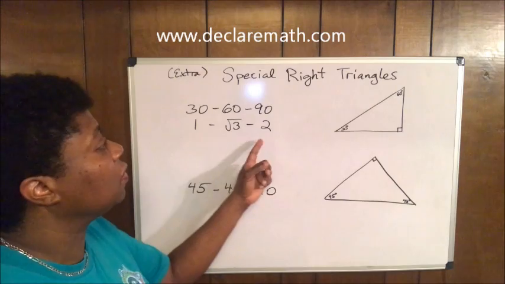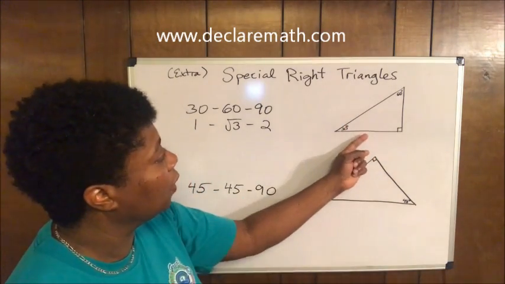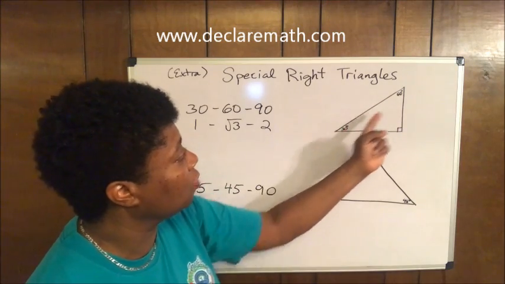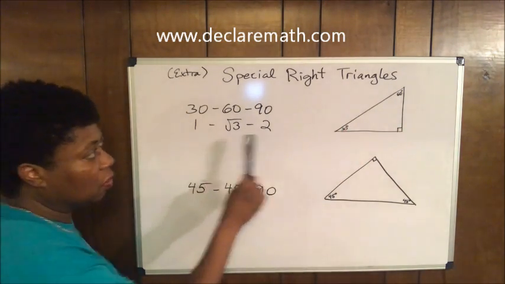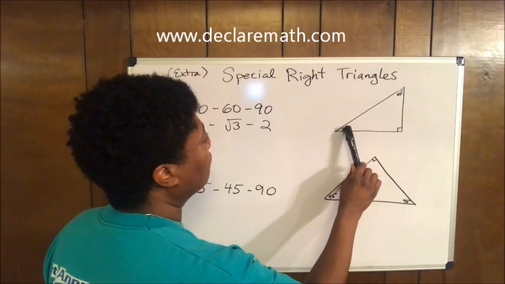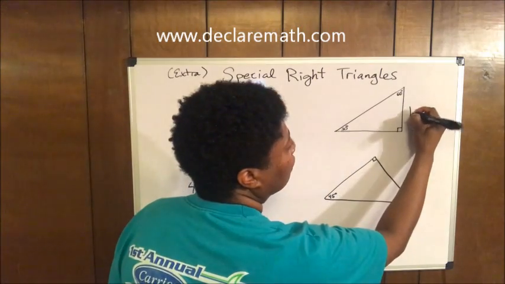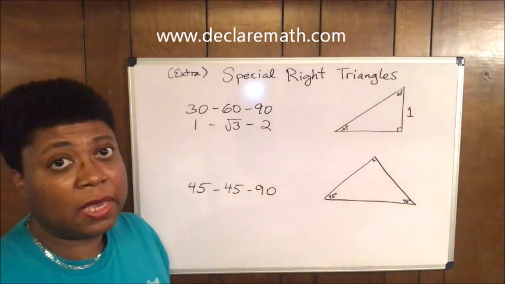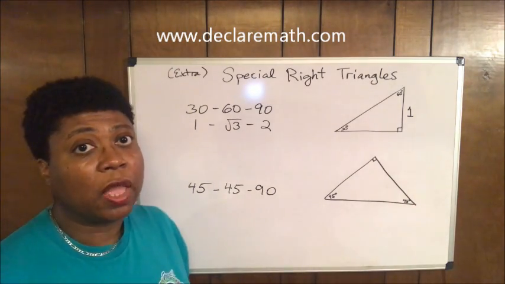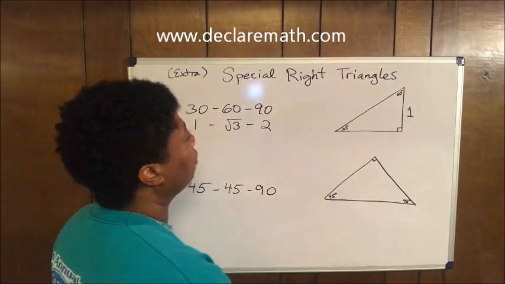And what that means is the sides opposite of these angles here have that relationship. So if the side of this 30 degree angle, for instance, was a unit of 1, okay, then that means that we can assume that the length of the side opposite of the 90 degree angle is what?